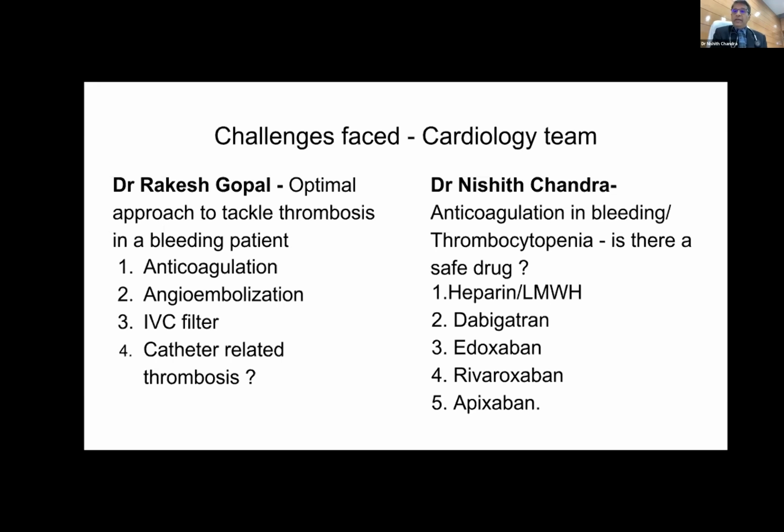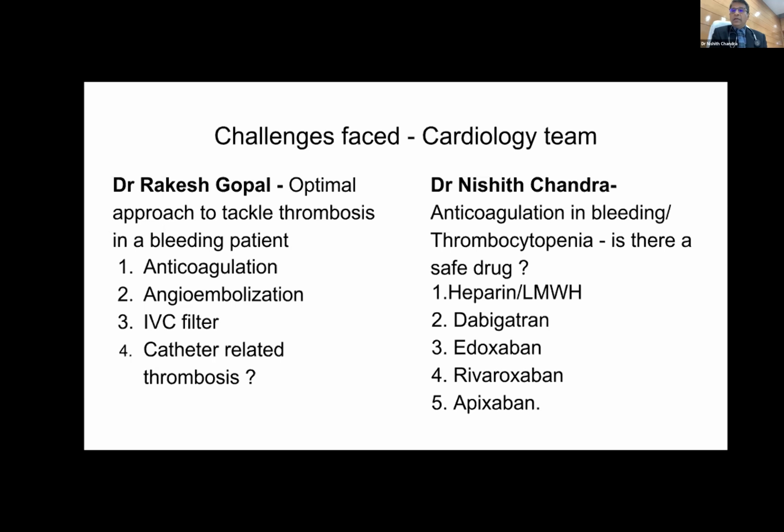As far as a safe NOAC is concerned, among dabigatran, edoxaban, and rivaroxaban, there is only one study, the Hokusai study, which compared dalteparin, a low molecular weight heparin, with edoxaban, and it found no difference in bleeding risk, and it was as efficacious in preventing VTE.